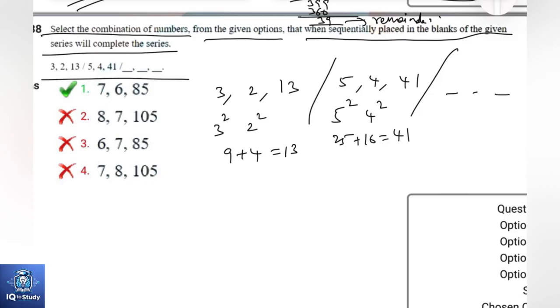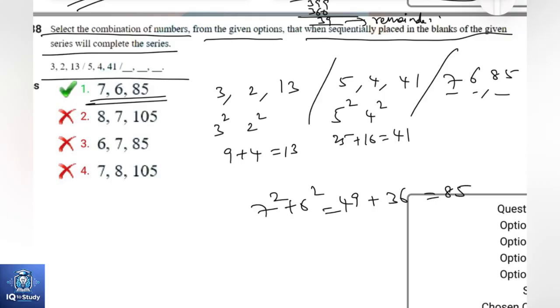And for the third one, let's check with the options. If we take 7 square plus 6 square, it becomes 49 plus 36, which is equal to 85. So the first option fits here exactly, 7, 6 and 85.